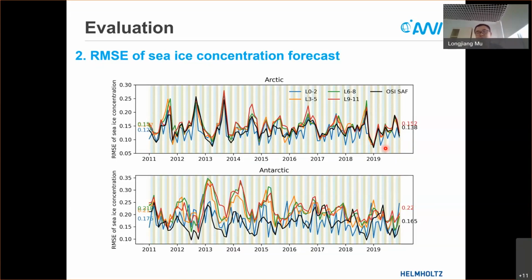It performs even better, and that becomes even worse in the Antarctic. We see that even when we use such a forecast calibration method, the forecast with lead time of 0 to 2 months cannot really beat it. It has the value of 0.17, which is even larger than the historical observation forecast.